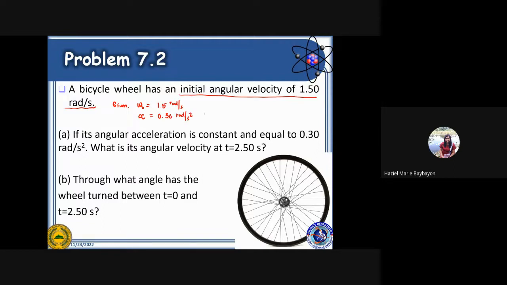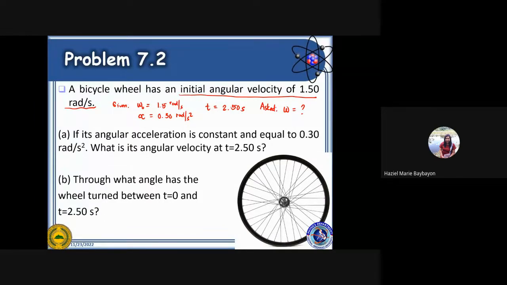And then what is asked is the angular velocity at time t equals 2.5 seconds. Okay? So ang gipangita, class, is omega final. Okay? So what is omega final?